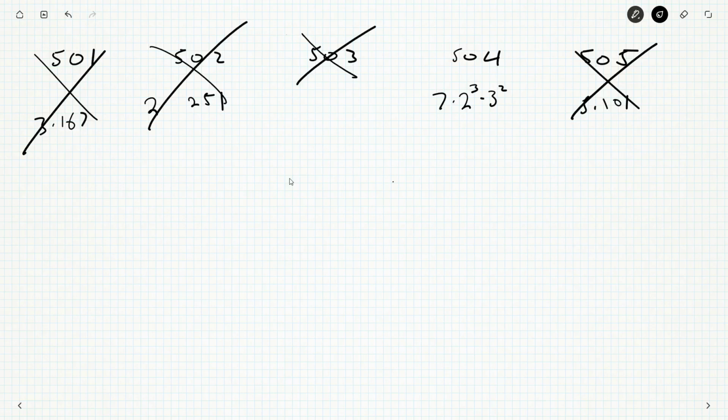Now, in terms of the 7, 2 cubed, 3 squared, is there a good way to deal with this? Well, I could try something like, you know what? How about we just list out the possible n's and the corresponding m's, and the 2n and the 3n.